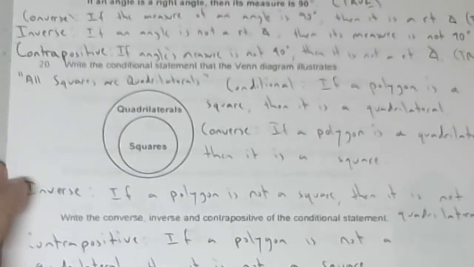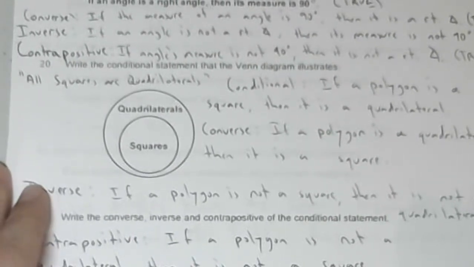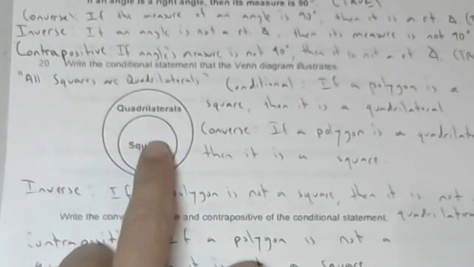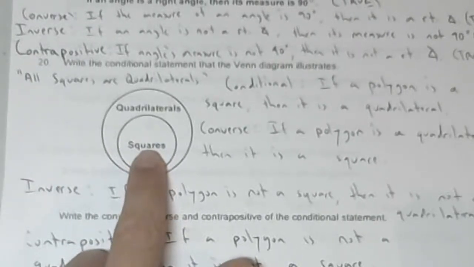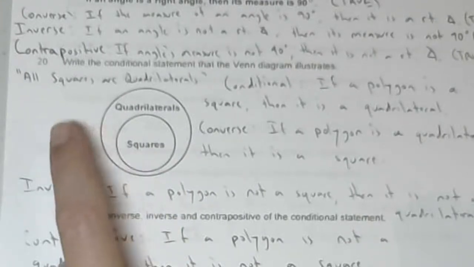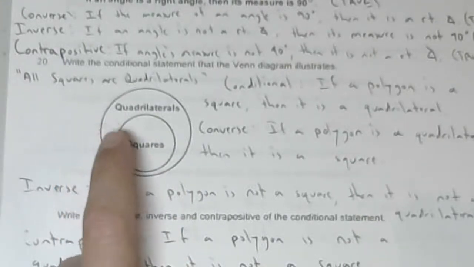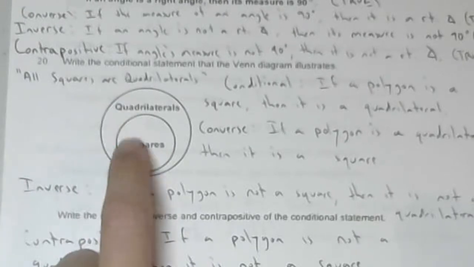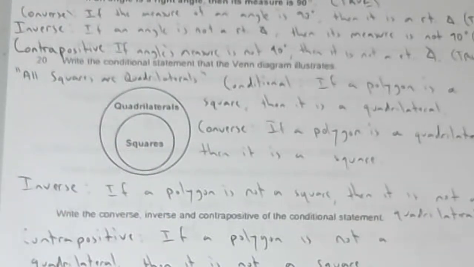Number 20. Write the conditional statement that the Venn diagram illustrates. Well, what it's saying is we have a circle. In the Venn diagram, the smaller circle is completely contained within the larger circle. And we're talking about quadrilaterals and squares. Now all squares are quadrilaterals.